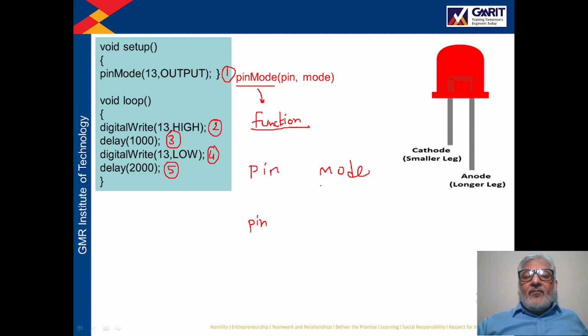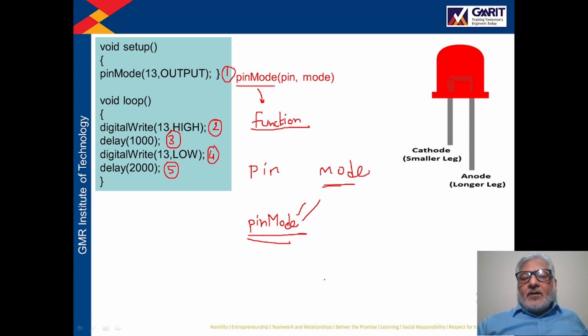Then the second word is mode, written in continuation, but the first alphabet of the second word is a capital M, so pinMode. This pinMode is a function and it should be written in this way only, right? Because these are predefined functions of the Arduino.